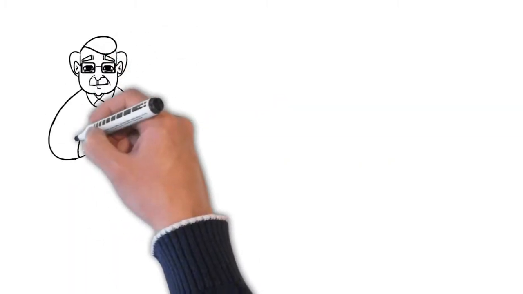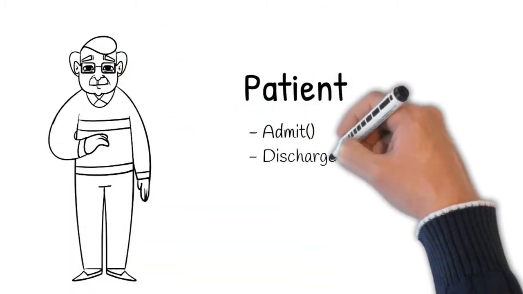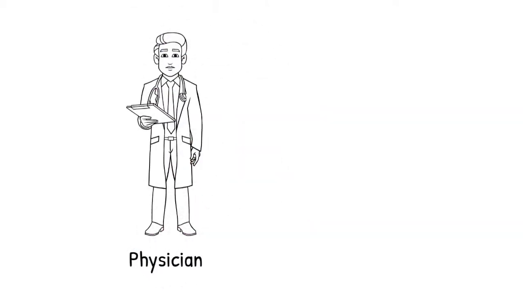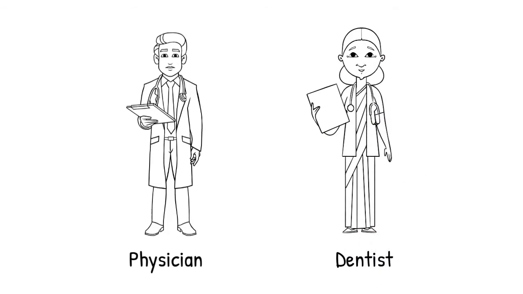As an example, let's say we have an entity patient which has two behaviors as of now: admit and discharge. Now say our requirement is that a patient can have checkup by a physician or a dentist.